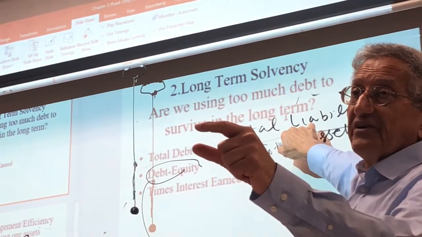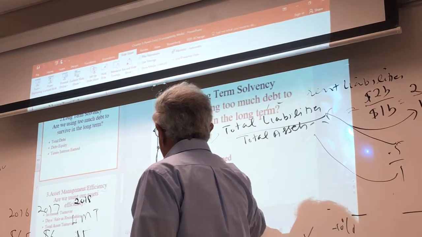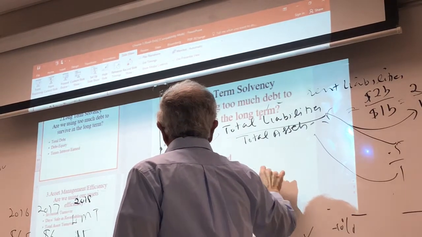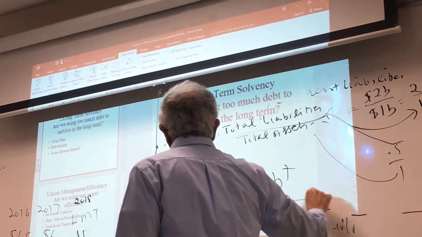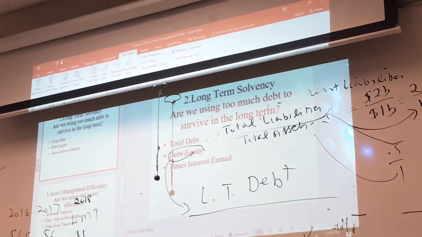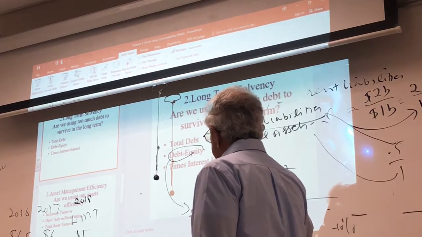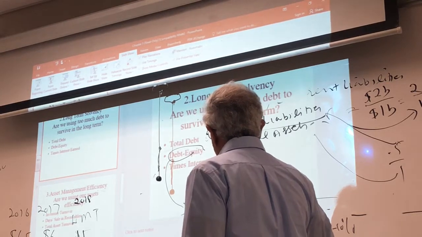So what we do here is we ignore current liabilities and focus on long term debt in the numerator. So we throw away current liabilities. Why? Because we want to focus on long term sources of funding. Long-term debt divided by owners' equity or stockholders' equity, same thing.